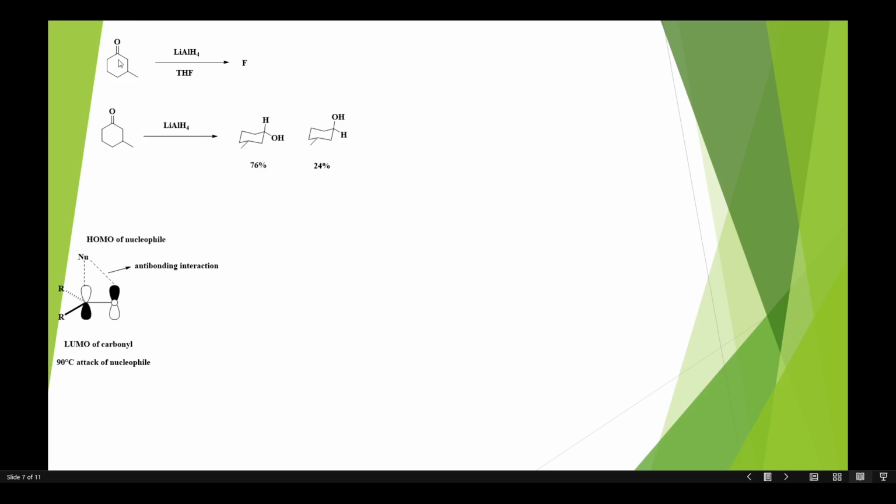The nucleophile reacts with the carbonyl pi star, and the orbital overlap looks like this: this is the carbon and oxygen, and it reacts at the carbon position. The nucleophile's HOMO is one phase, whether it is a carbanion or a hydride ion.